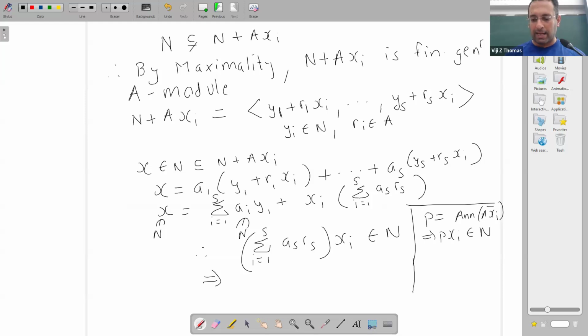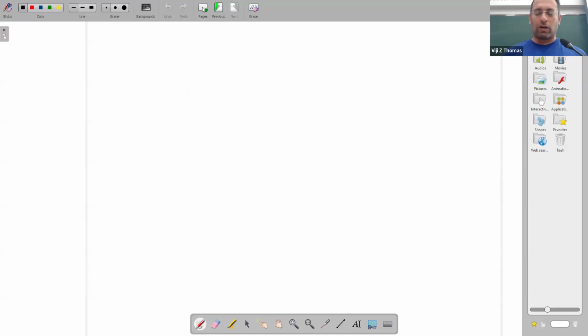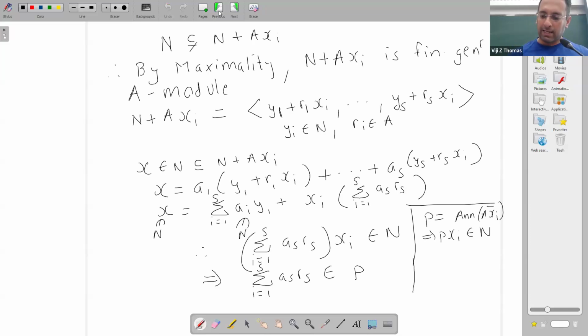So therefore this implies the summation i equal to 1 to s, r_i s_i, belongs to P. Now let's write what we have written. So let's go back. Every element n we have written as a_i y_i plus an element P xi. That is what I'll write.